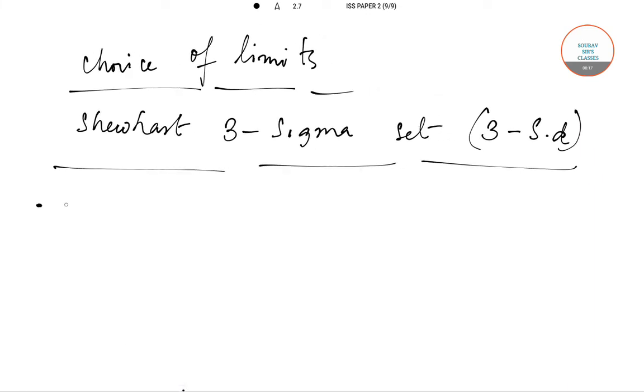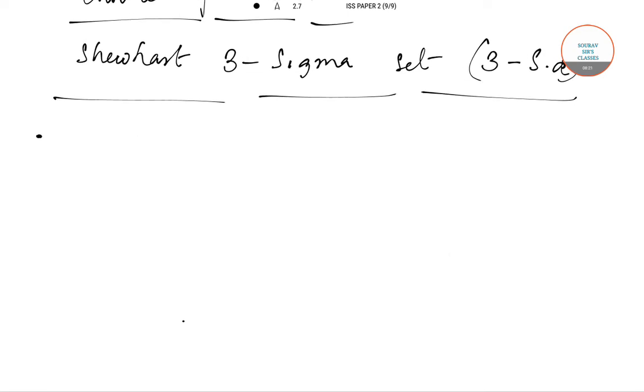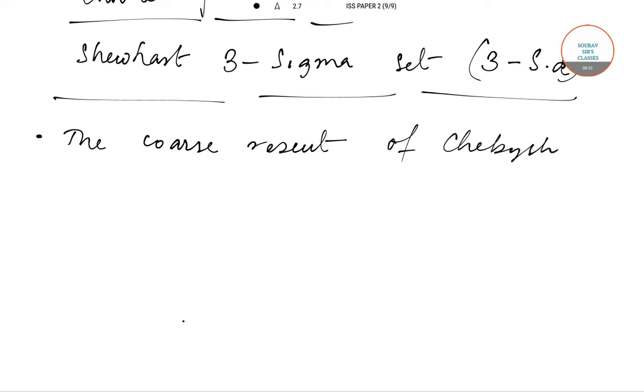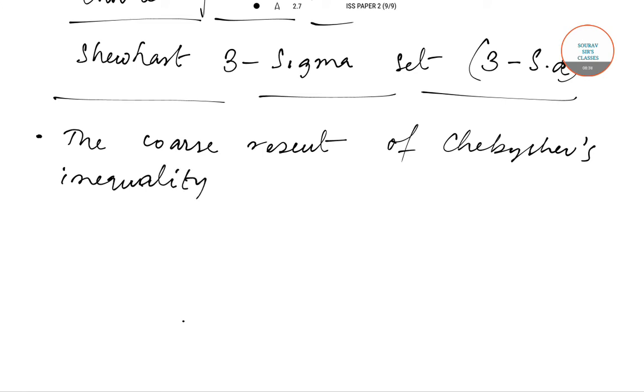Here 3 choices are used. First is the result of Chebyshev's inequality. You all know Chebyshev's inequality. If you don't know, in that case, I'll talk about it.